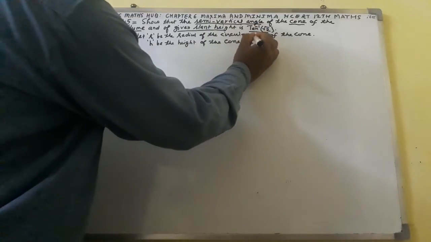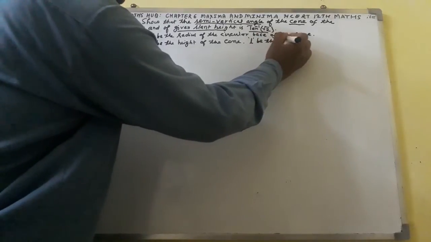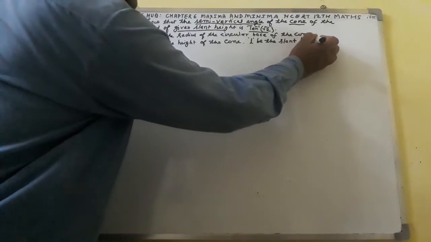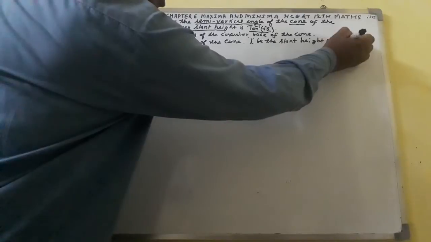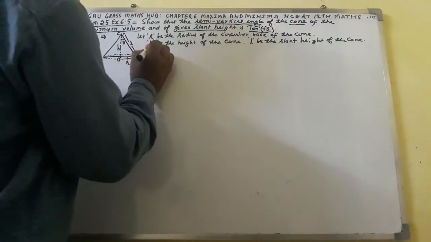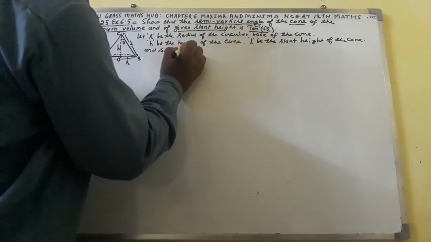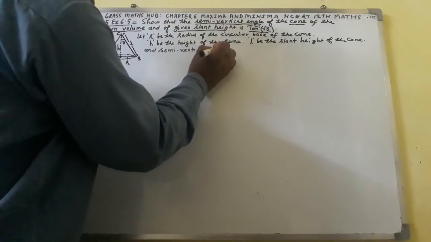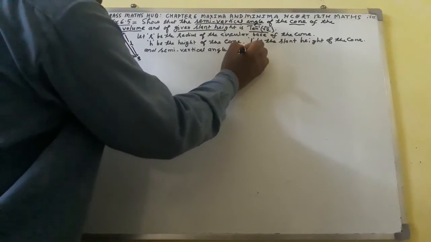Let small l be the slant height of the cone, and the semi-vertical angle be theta.